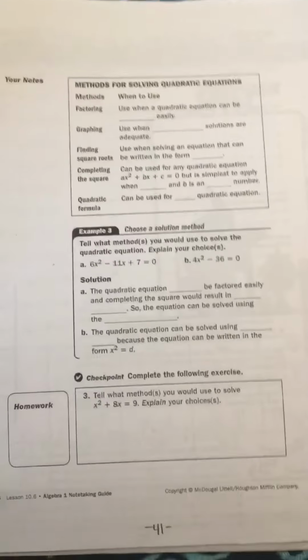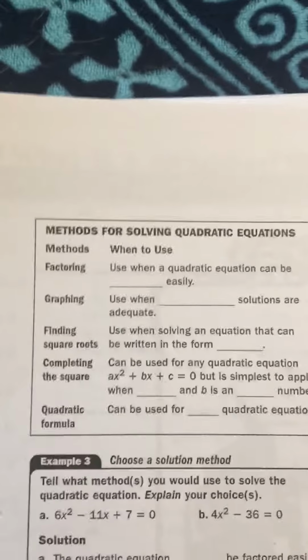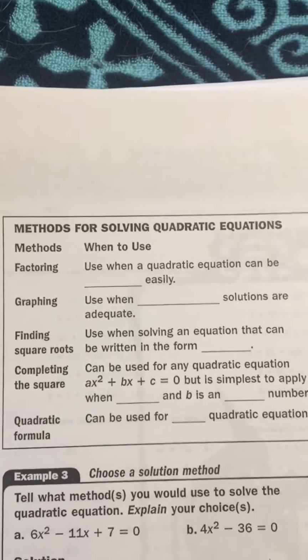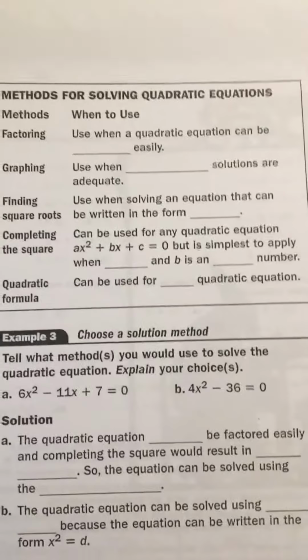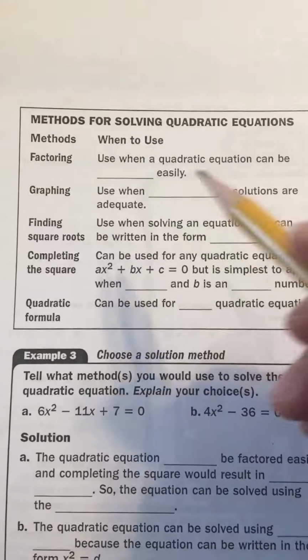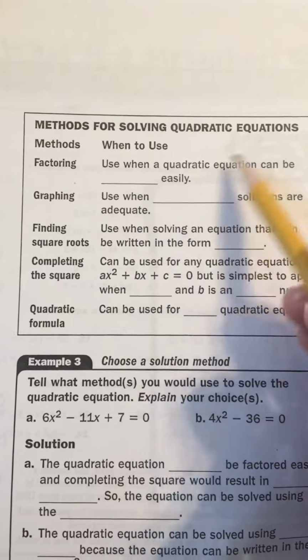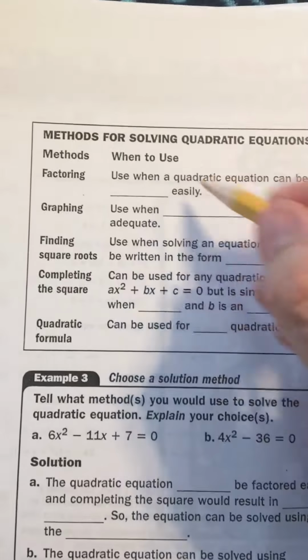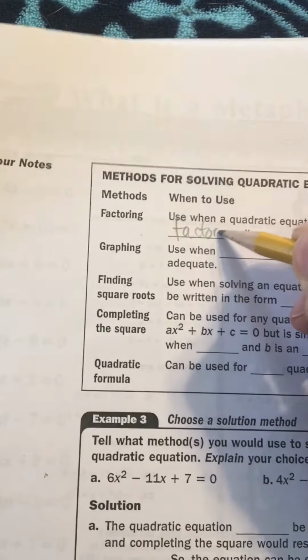Now, if you open up to page 41, we are going to go over methods for solving quadratic equations, because we have now learned quite a few different ways to solve a quadratic equation. So, the first that we learned is factoring, and we use this when a quadratic equation can be factored easily.